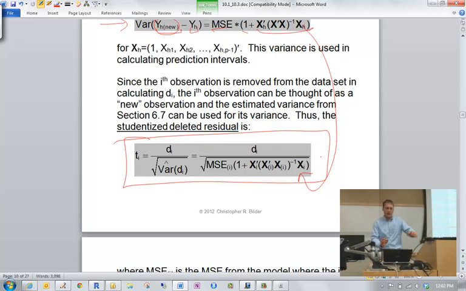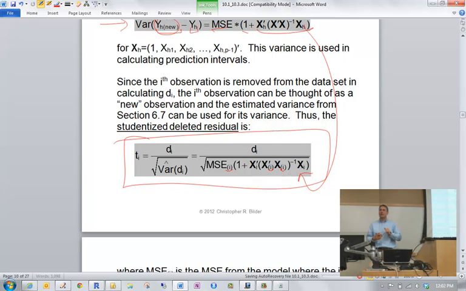So notation here: this parentheses i basically represents the MSE from the model that does not have the ith observation included in the calculations. Same thing with this X matrix. Remove that ith observation from the data set, and get your X matrix.